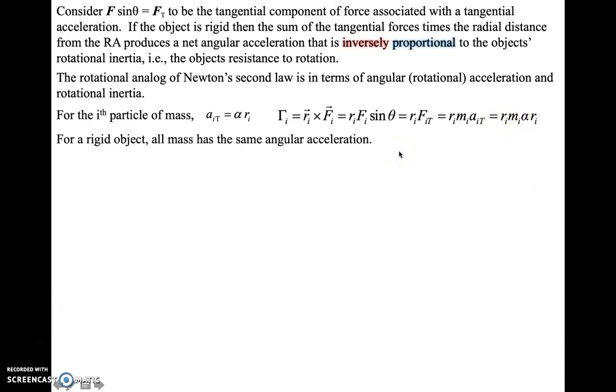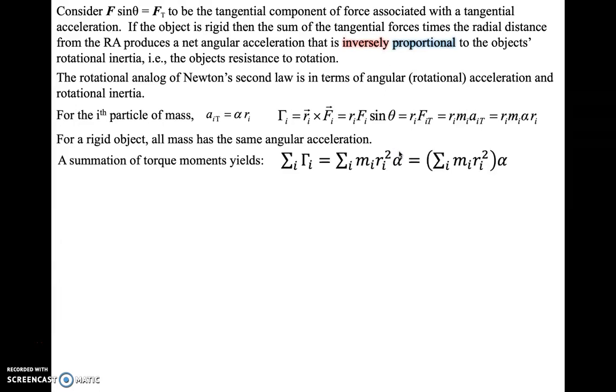Now again, if the object is rigid, then every particle has the same angular acceleration, so we can factor it out. And when we do that and sum up all the individual moments, we've got this term that's being summed times this common angular acceleration. This sum component in here must represent the resistance to rotation.